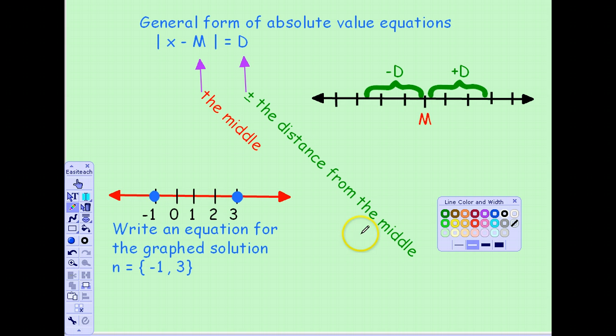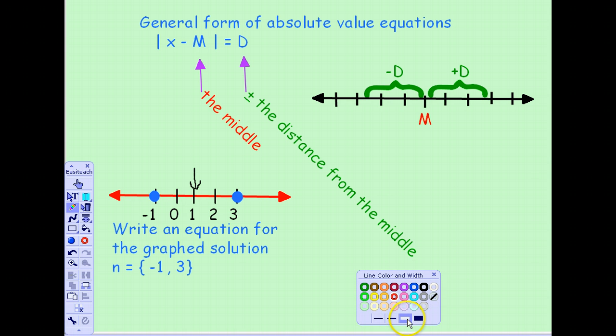Okay? So how does this look when you're looking at an equation? Well, if you look down here at this next example, you can see that 0 isn't in the middle of our equation. Right here is our middle. So this one isn't centered on the 0. So this is where we're going to write one of our equations using that general form.